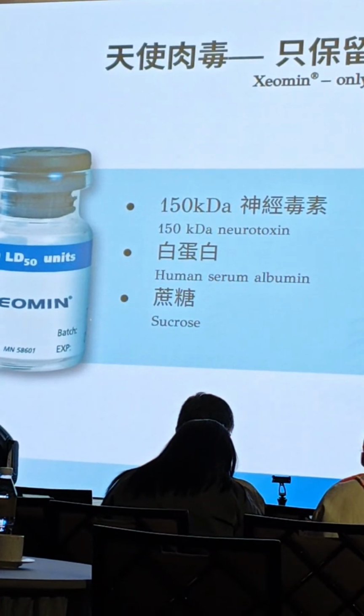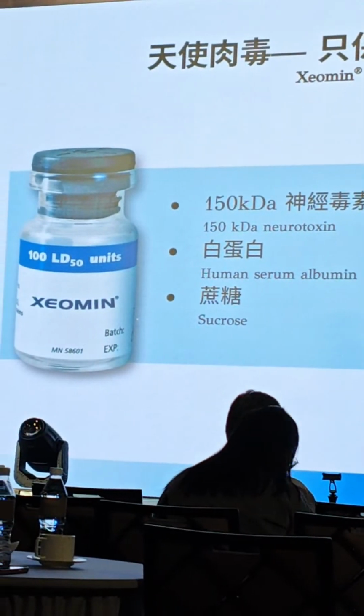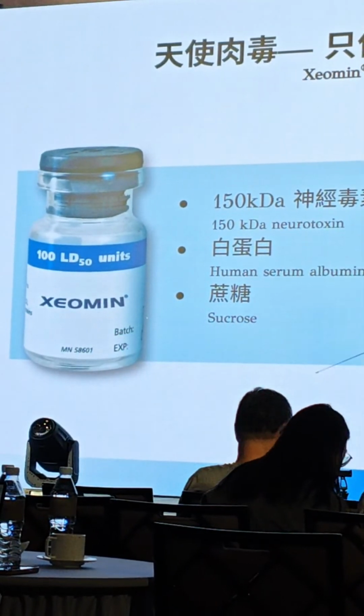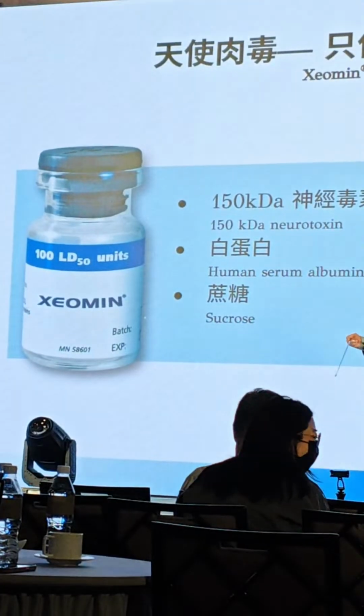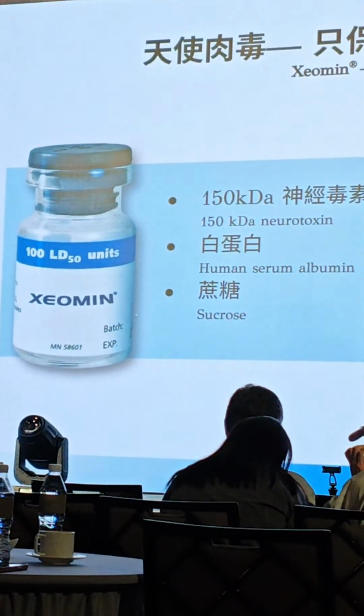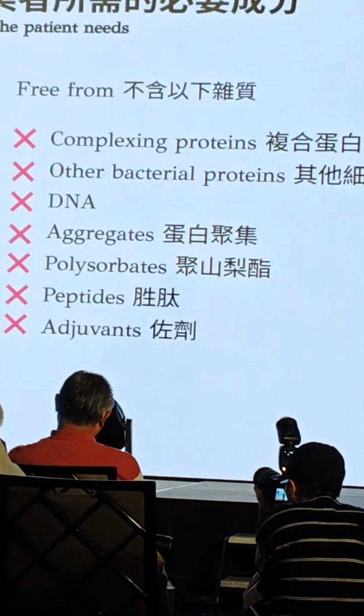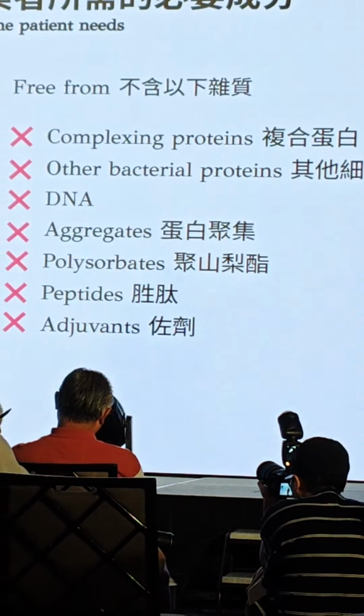It is free of complexing proteins. There are no other contaminants in Xeomin. There is no DNA, which can be immunostimulating. There are no aggregates, which can also stimulate the immune system. There are no polysorbates, surfactants, no peptides, and no adjuvants.